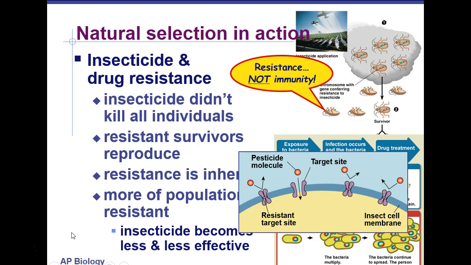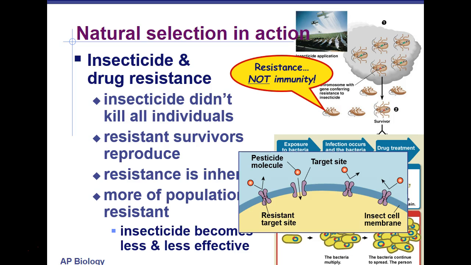Now, we understand this principle from a Darwinian perspective, but we might then follow up with a question: how is this resistance actually affecting the organisms on a cellular level? Well, it turns out that in insects who possess a resistance gene, their particular protein receptors in their cell membranes that would normally allow the pesticide molecules to enter the cell, they now have a different shape to them, and they actually block the pesticide molecules.